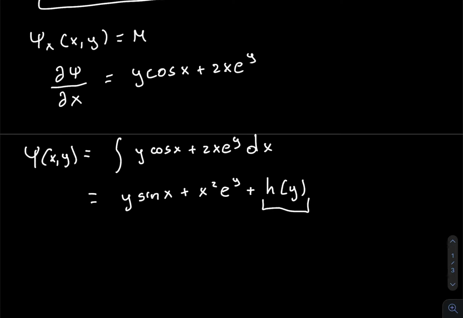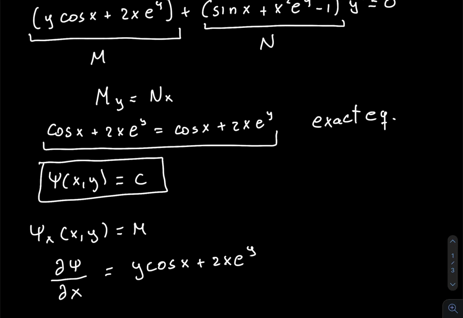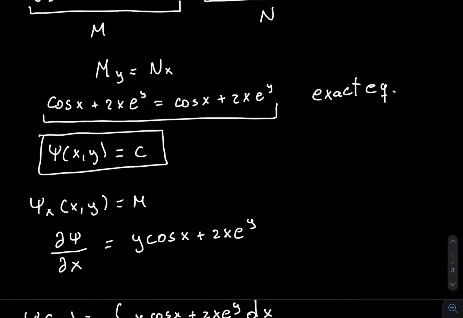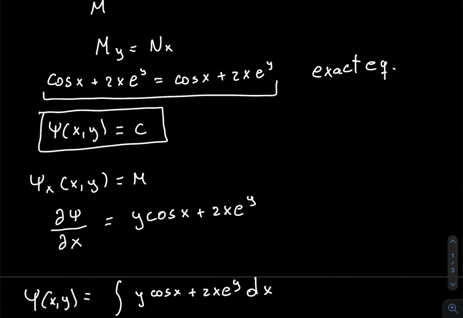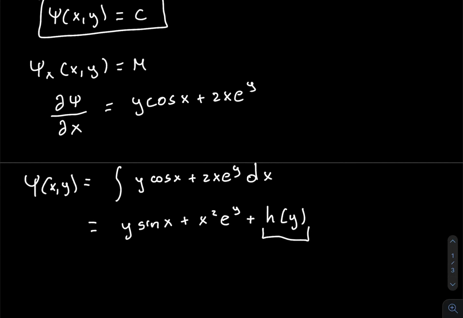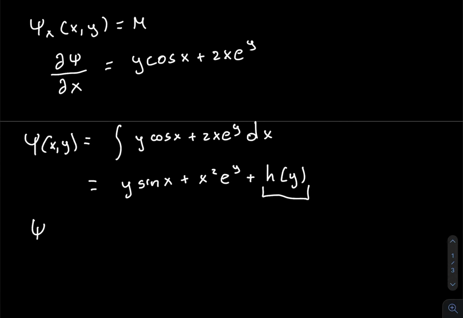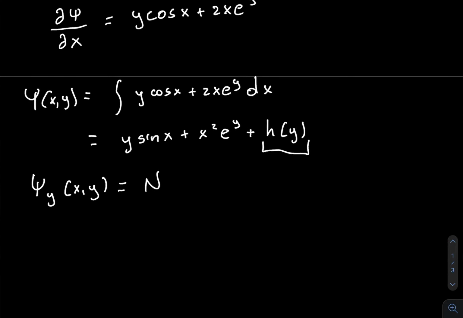But now we have this variable here that we need to find what is equal to. That's when we use the second equation. I didn't say it, but the second part is that the partial derivative of psi with respect to y must be equal to N. So we can find this.